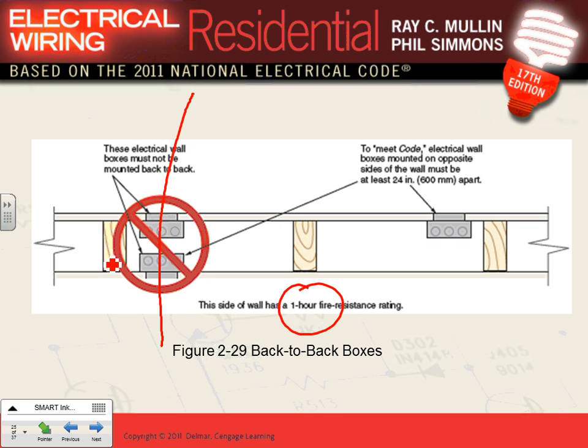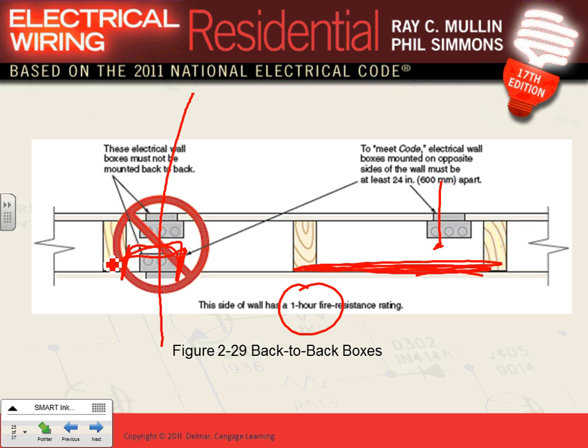You can put them in two cavities, then this here is closed, so the fire will hopefully stop right in here. Or, in another picture, you can wrap the box with a fire rating that maintains the integrity. That's only for fire rated walls.